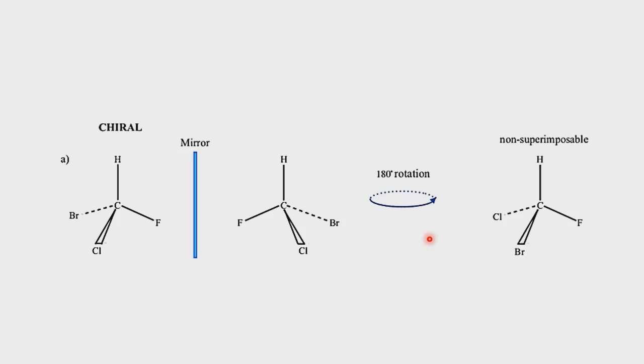That is an example of an image that is non-superimposable. So it means that in nature, there are molecular structures having the same numbers of atoms, but they are oriented in a different arrangement, such as the two.